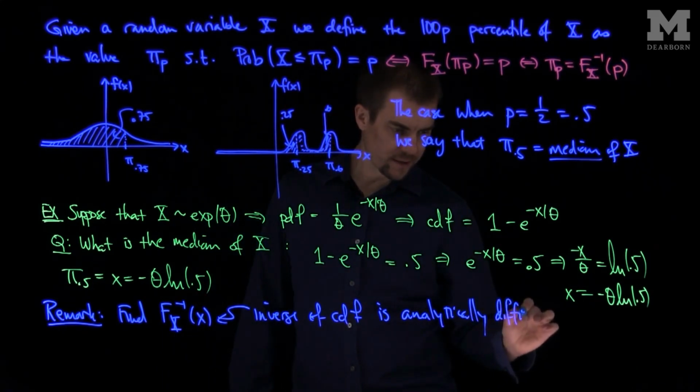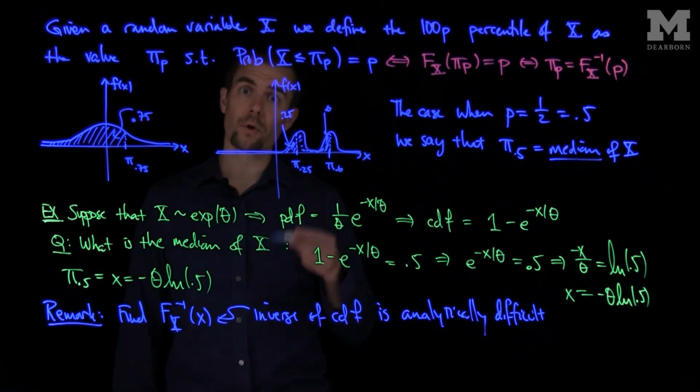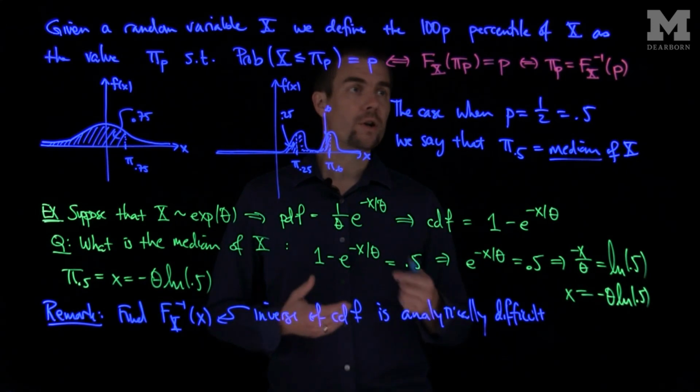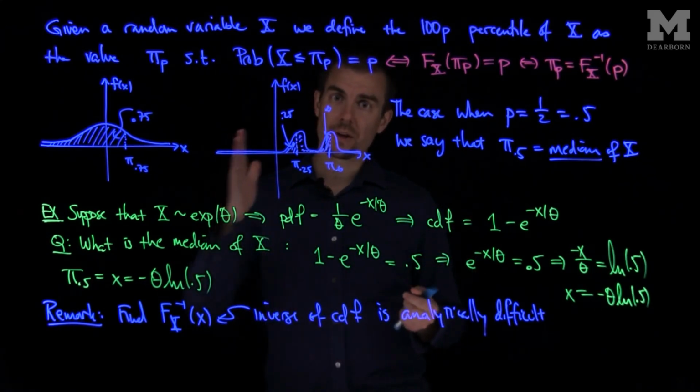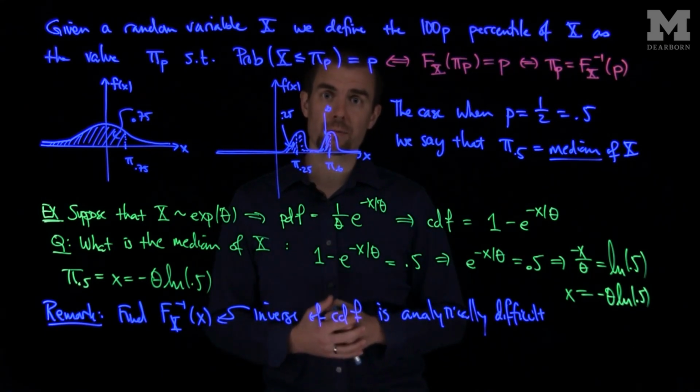So in most cases, we won't be able to explicitly find an analytic formula or a closed form formula for the inverse of the CDF of a random variable, but we know that abstractly these percentiles exist, and so we can either approximate them graphically or we can approximate them from a table of data on what the distribution is.